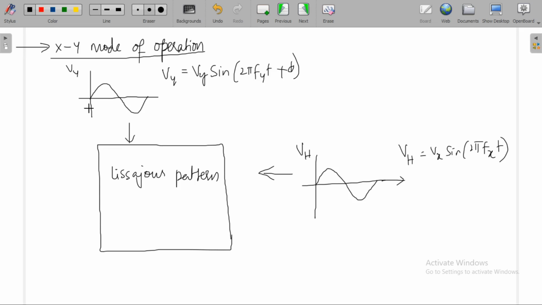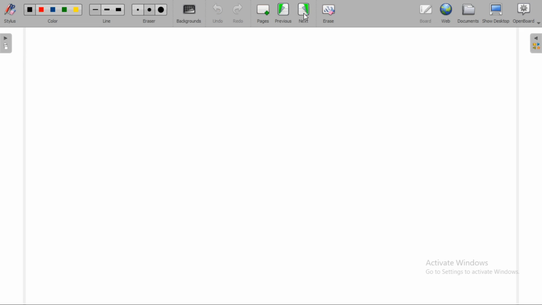In XY mode of operation we are going to measure phase difference, or phase displacement, and frequency.